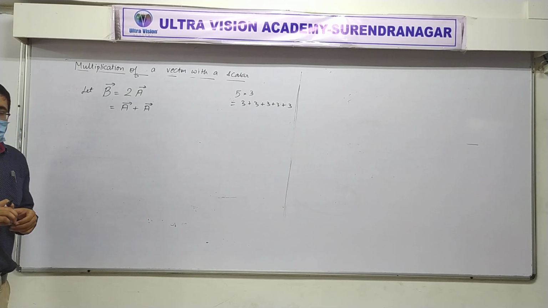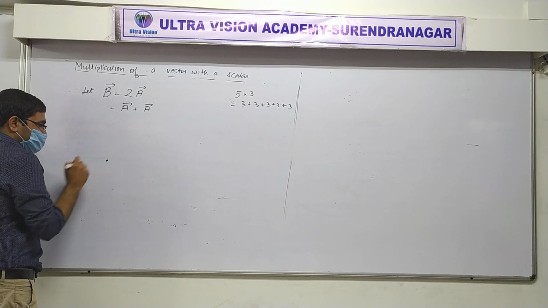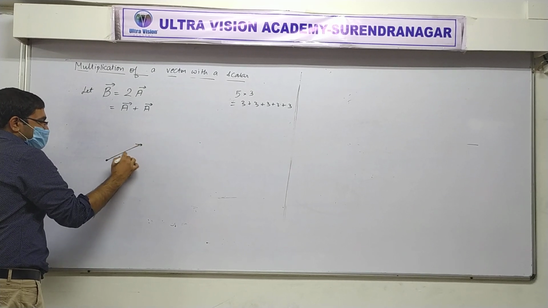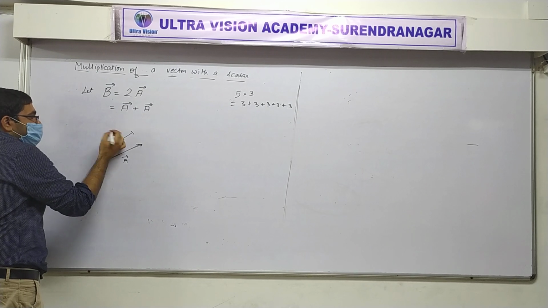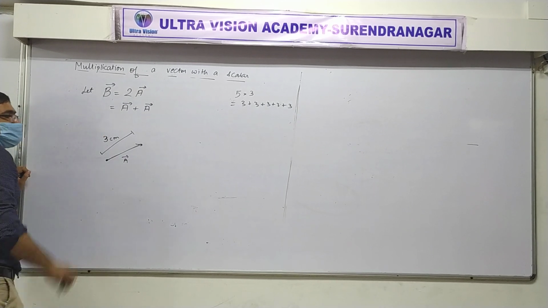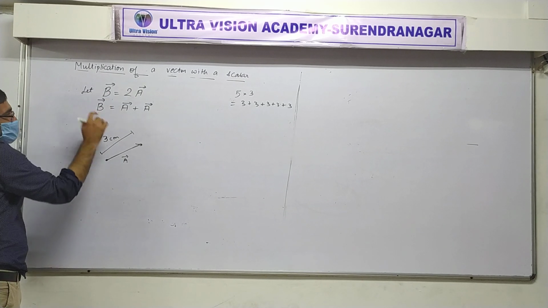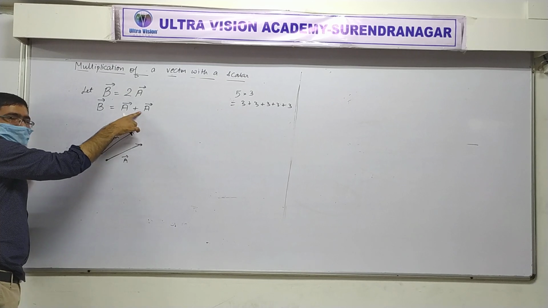Let's show this graphically. Suppose here is a vector a whose length is 3 cm. Now I want to draw this b vector. Which procedure is this? Addition.